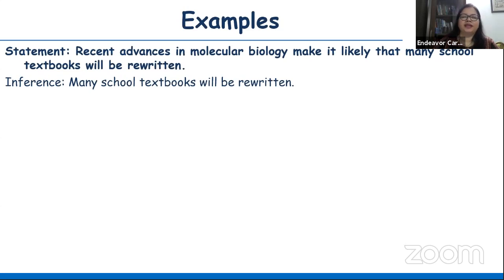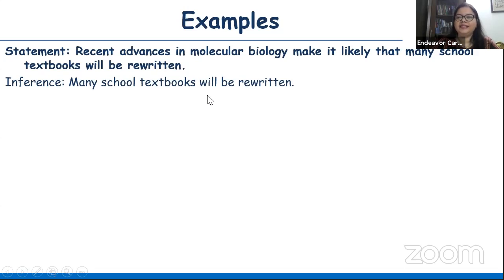All right. So can we take this as an inference? Can I say many school textbooks will be rewritten? Look at the word will there. Is that the point that the author is making? Recent advances in molecular biology make it likely that many school textbooks will be rewritten. So my inference cannot be a definitive one.